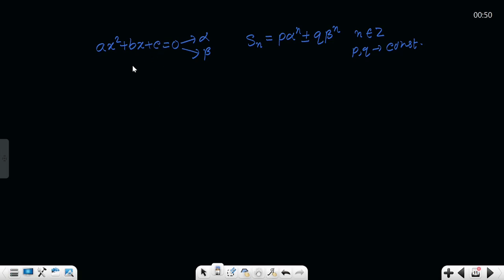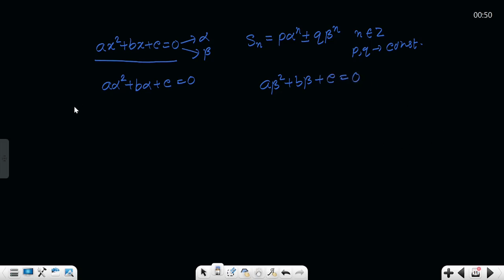Now, I had discussed before that if alpha and beta are the two roots of this equation, then we can replace this x by alpha and beta. We can write a alpha square plus b alpha plus c equal to 0, and also a beta square plus b beta plus c equal to 0.